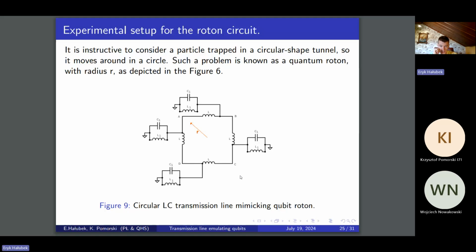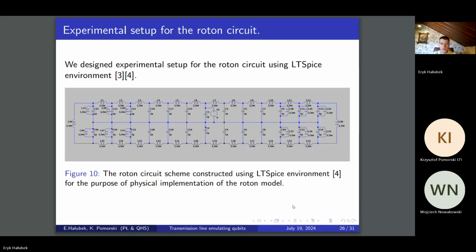Obviously, it could be transformed into a more linearly placed circuit, as we can see here.